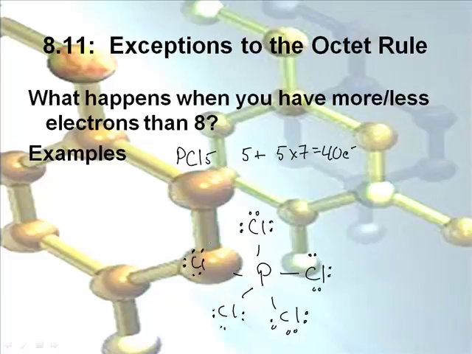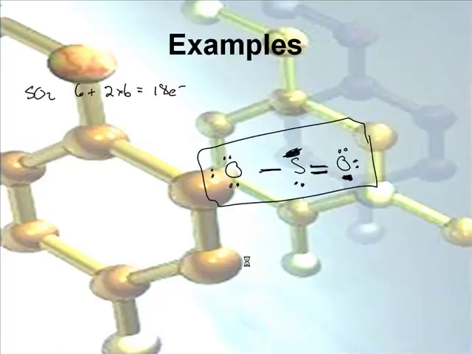All the chlorines look happy. They all have 8. And everyone's happy except for the P, and there's no way to make it work. So he's considered an exception to the octet rule. P can go over. Actually, anything in the 3rd period or below can actually go over the octet rule.